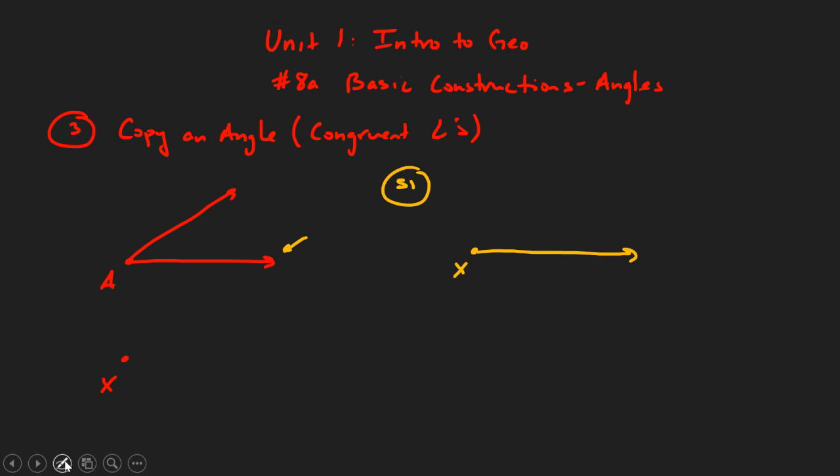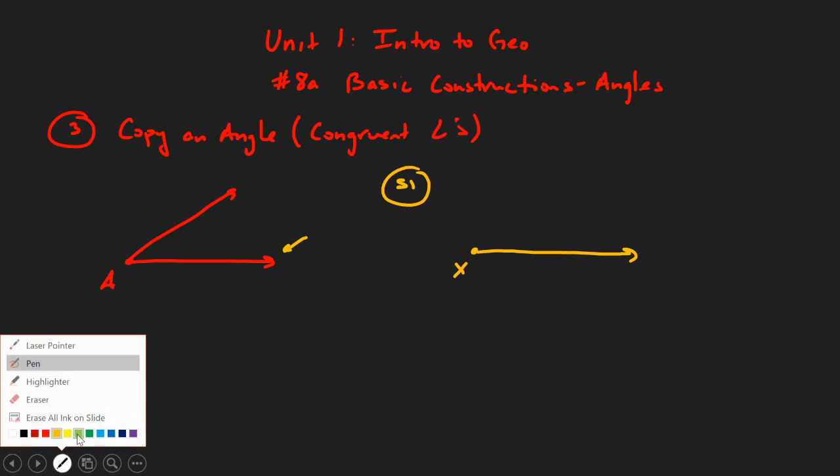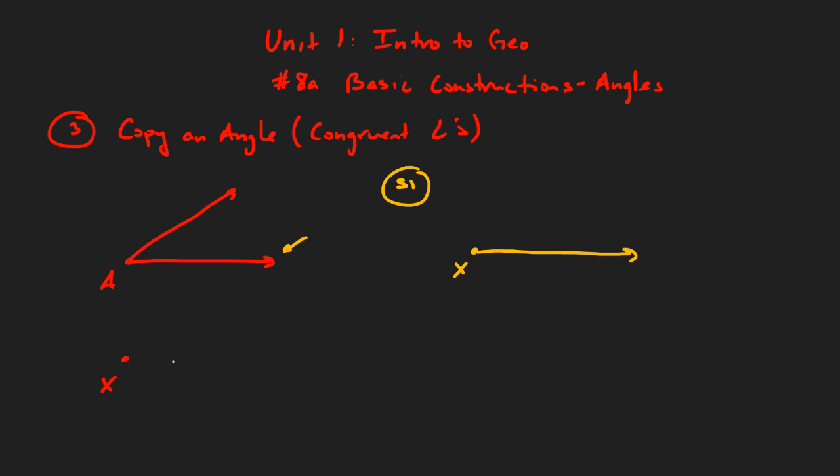All right, step 2. What we're going to do is we're going to take our compass and we're going to draw an arc across angle A. So I'm going to redraw angle A right here. So we're going to take our compass, okay, and I'm going to open it up, say like from here to here.